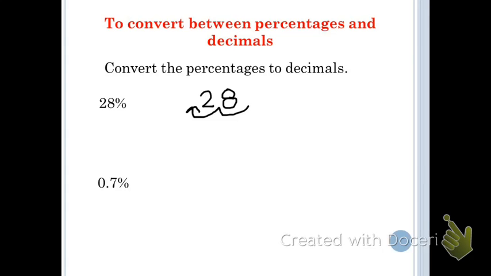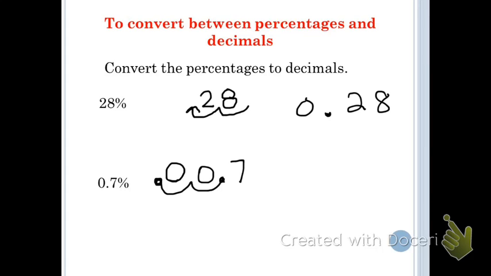So 28% is equal to 0.28. 0.7%, drop the percent sign, move the decimal point 2 to the left. Notice we have a spot where we need to place a 0. So 0.7% is equal to 0.007.